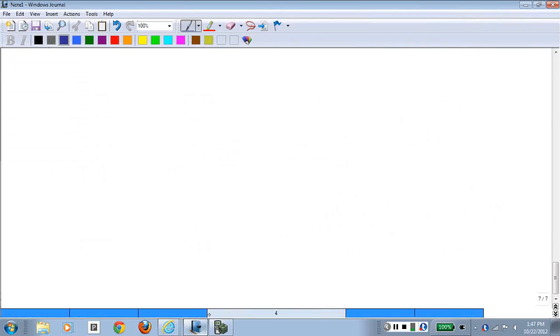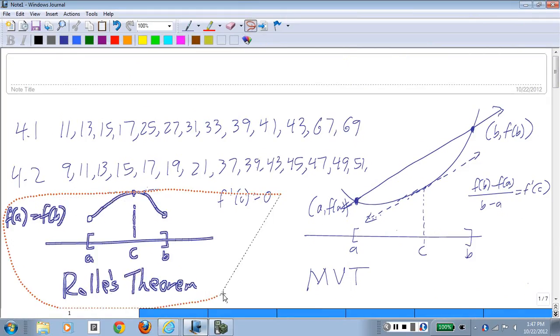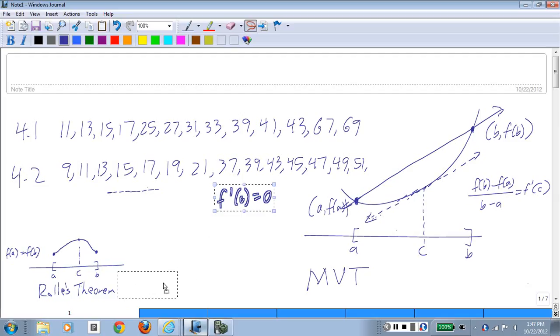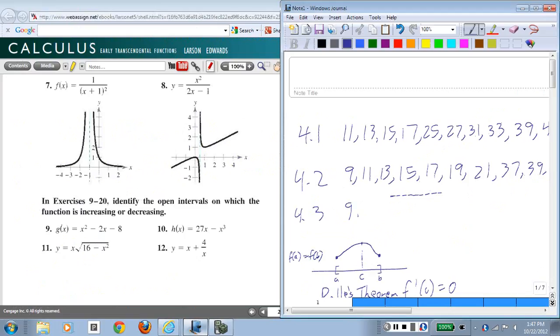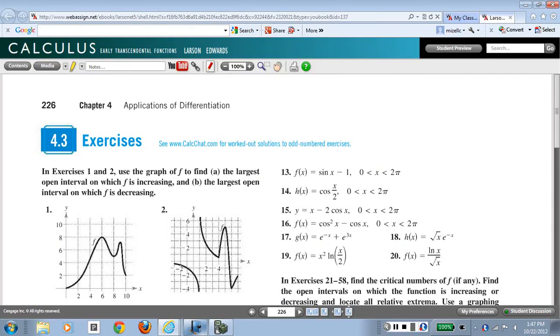Beginning with problem 9. 11. 15 should be fine because when you take the derivative of that, you lose the x.